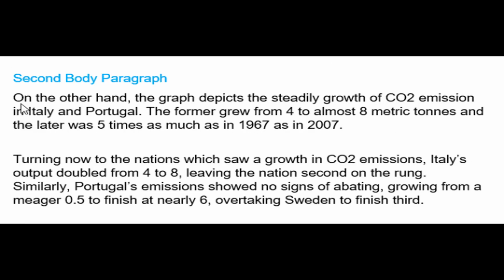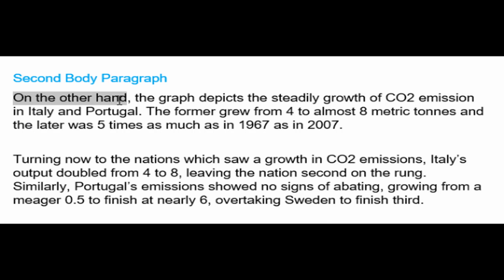Now here is the writer's second body paragraph. On the other hand, the graph depicts the steady growth of CO2 emission in Italy and Portugal. The former grew from 4 to almost 8 metric tons, and the latter was 5 times as much in 1967 as in 2007. We have some good vocabulary here.